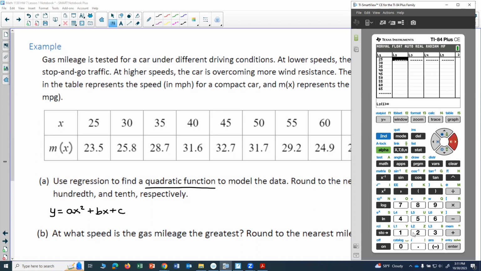Go over to list 2 and put your y values: 23.5, 25.8, 28.7, 31.6, 32.7, now 31.7, 29.2, 24.9, and the last one, 22.7.